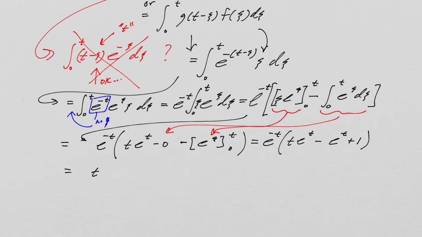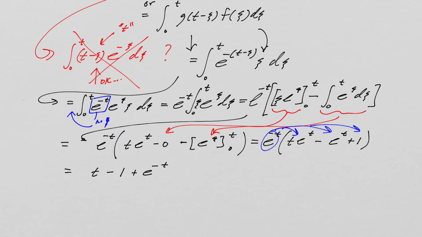Now what we're going to do, of course, is we're going to take this and multiply it in to both of those expressions there and this one there. And we're going to get t minus 1 plus e to the negative t.